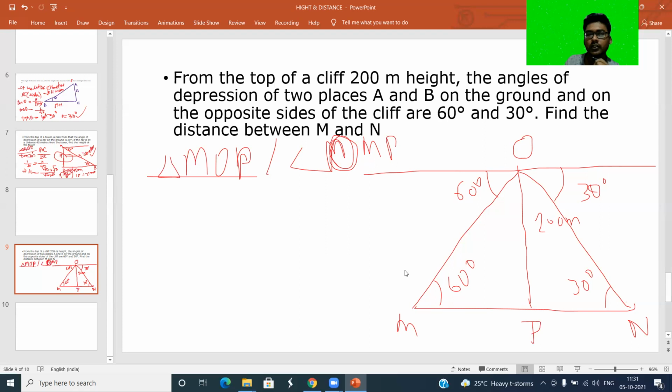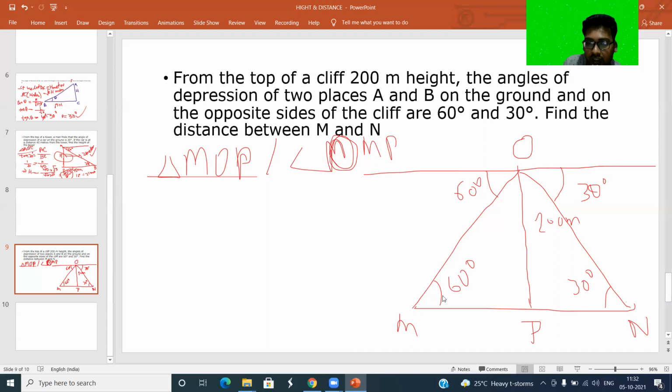For a triangle, there is no need to write the sequence MOP or OPM sequentially. But if we need to take an angle, then we need to take the sequence OMP.